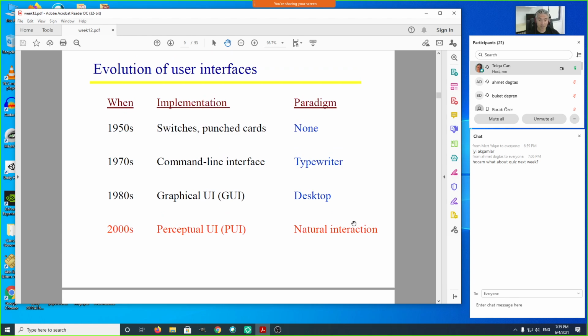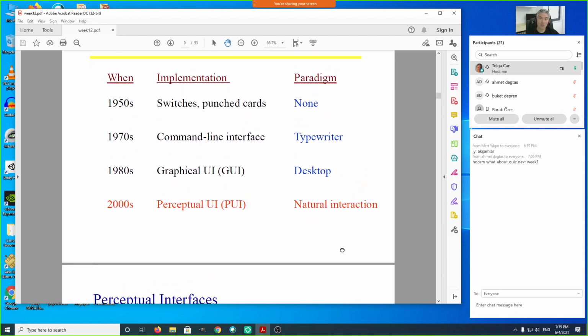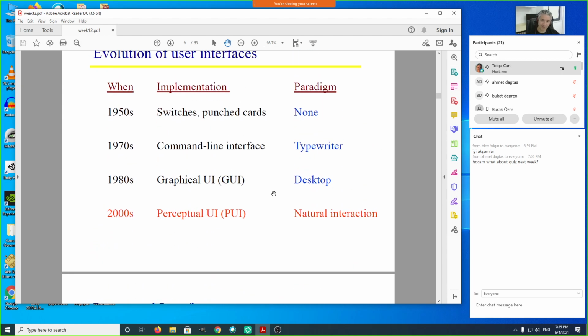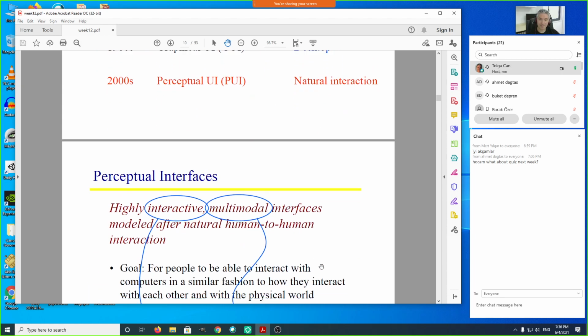They still have the potential to provide such an interaction, because human to human interaction is multimodal. We use vision, we use gestures, we use speech. And so providing the same technology also in our interaction with devices will provide a more natural way of interaction. So that was the main goal of perceptual user interfaces.